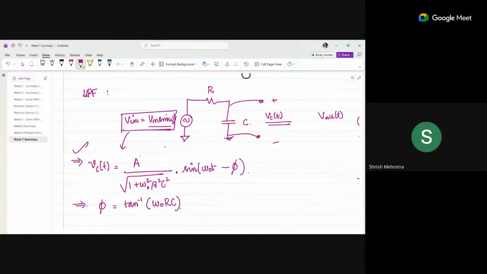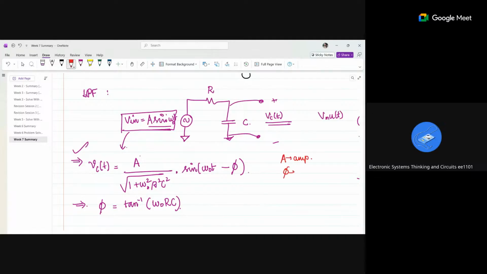So what is A here? It's actually not Vm sin omega t, it's A sin omega t. A is just the amplitude of the input signal, the amplitude of the sine wave.